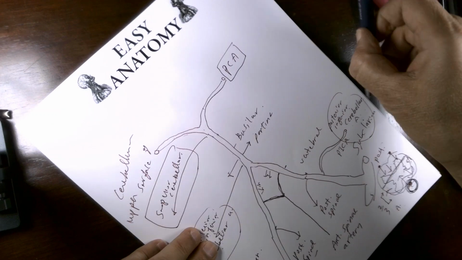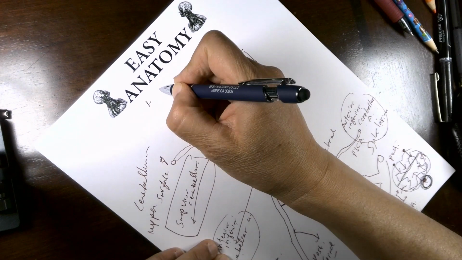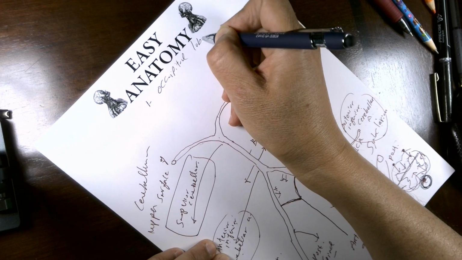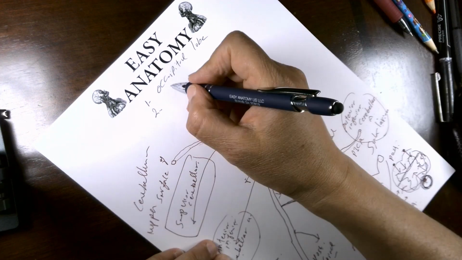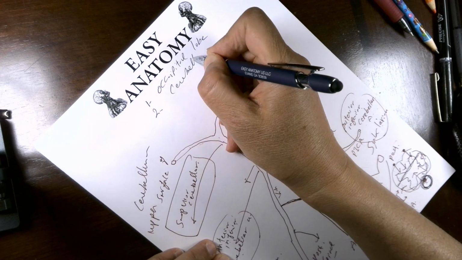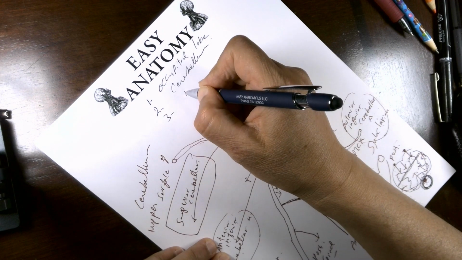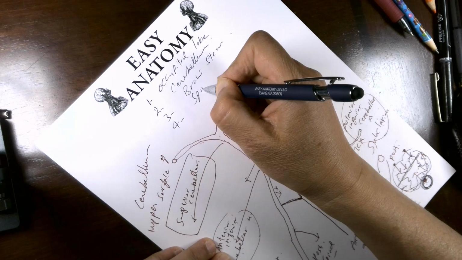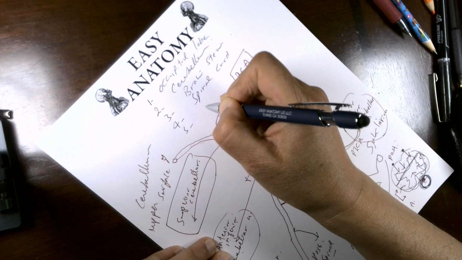So the vertebrobasilar system supplies: 1. the occipital lobe, 2. the cerebellum, 3. the brainstem, 4. the spinal cord, 5. the diencephalon.